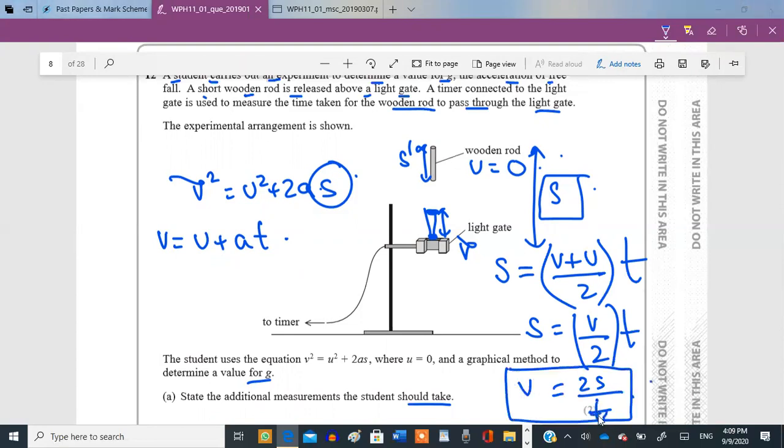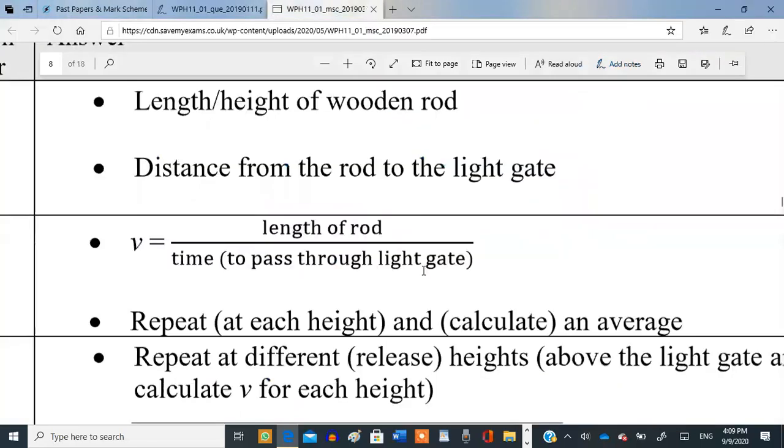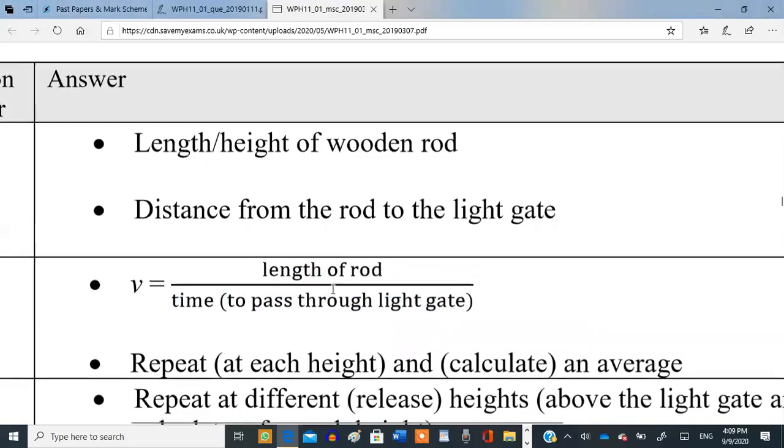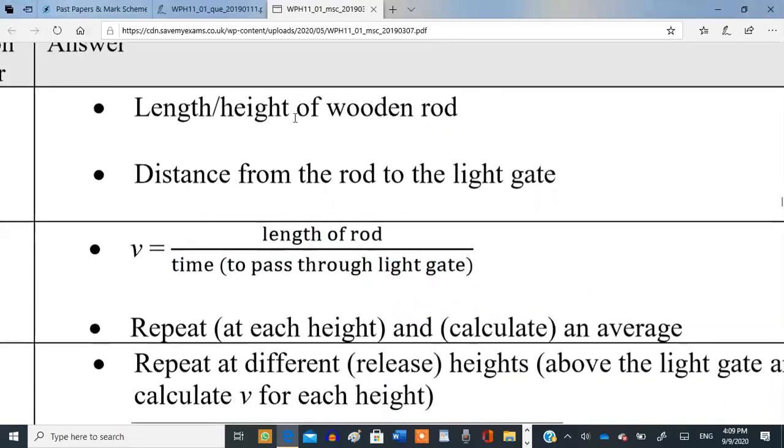Now, this is what the velocity actually is. The 2s is not the length of the rod, and the time is the time it takes to pass through the gate. Length of rod, distance from the rod, repeat at each height and calculate an average.